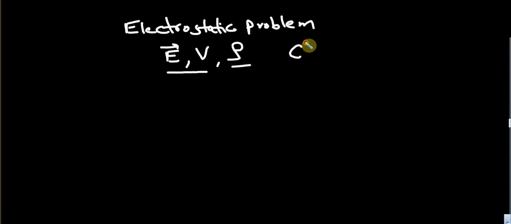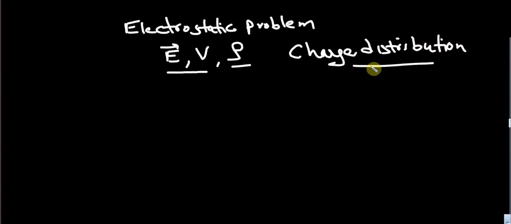If the charge distribution on the surface is unknown, we cannot apply Gauss law. All these laws we have studied, like Coulomb's law, are applicable only when we have the knowledge of the charge.